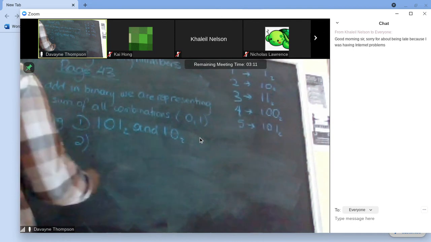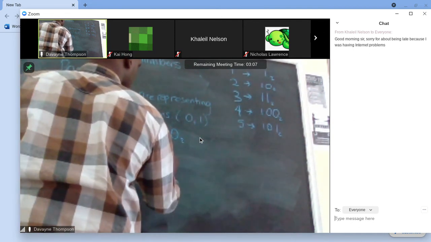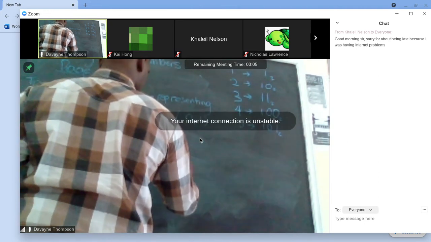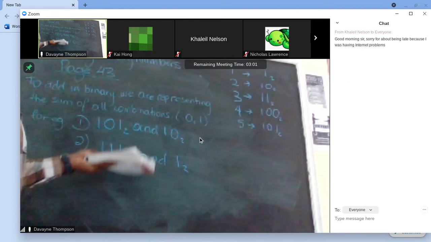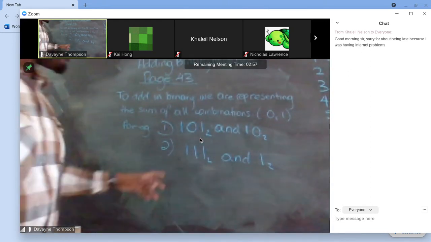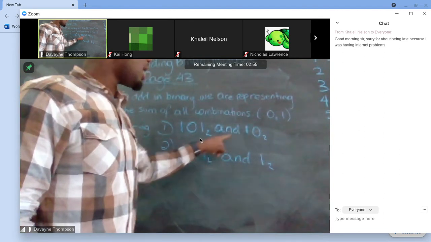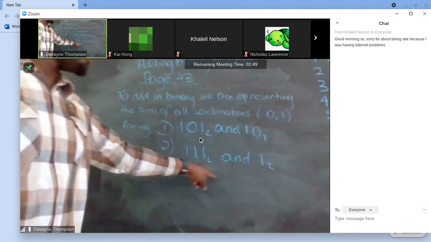Then we have 1, 1, 1 and 1. So these are the two questions for your homework for addition. So 1, 0, 1 base 2 and 1, 0 base 2, 111 base 2 and 1 base 2.